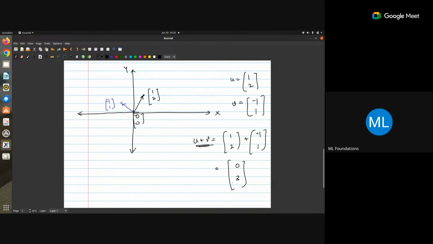Okay, where is the 0, 3 vector now? In the first quadrant, on the y-axis, somewhere here. So this is u plus v. That means this is a vector addition, right? So this vector we have got.